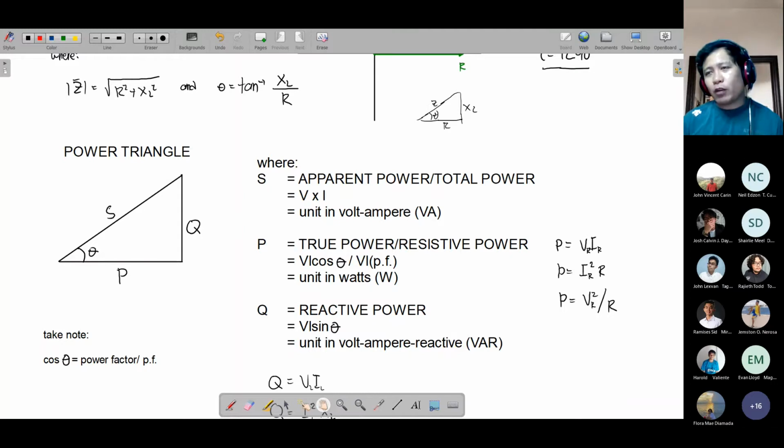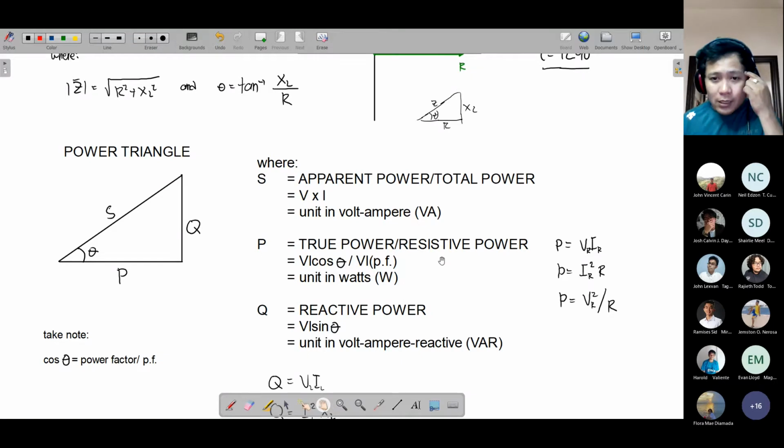For example, in your electric bills, the power that is considered there is not the apparent power S, but instead this P. That is what you pay. That's why it's called the true power. It's also called the resistive power.